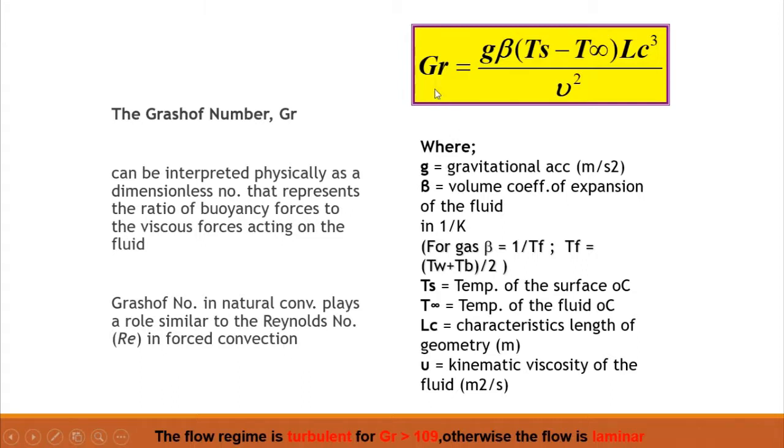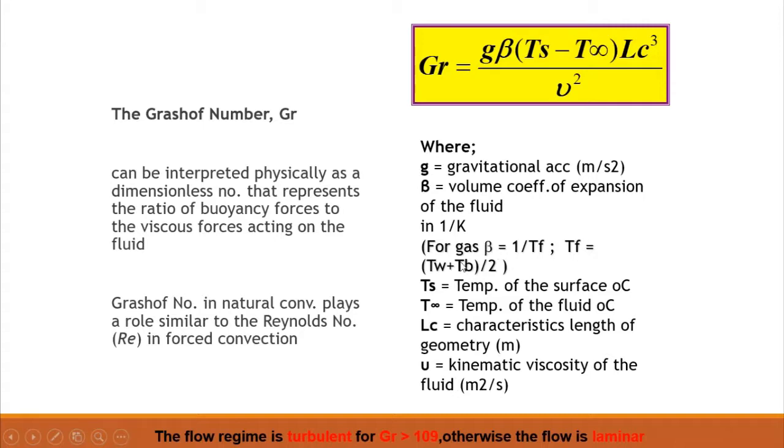So we take a look at this formula, how to complete this equation by inserting this g, which is gravitational acceleration, 9.81 meters per second squared, and beta, like the alphabet, which represents the volume coefficient of expansion of the fluid in 1 over Kelvin. So how to get beta?